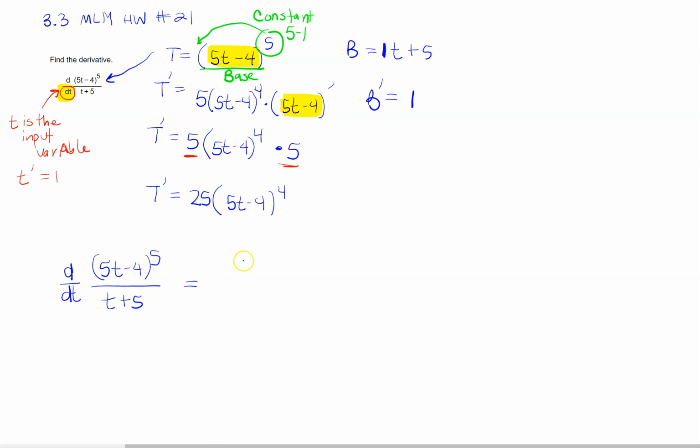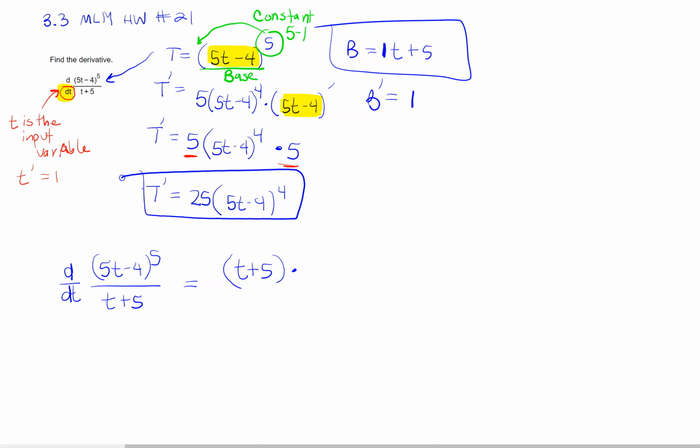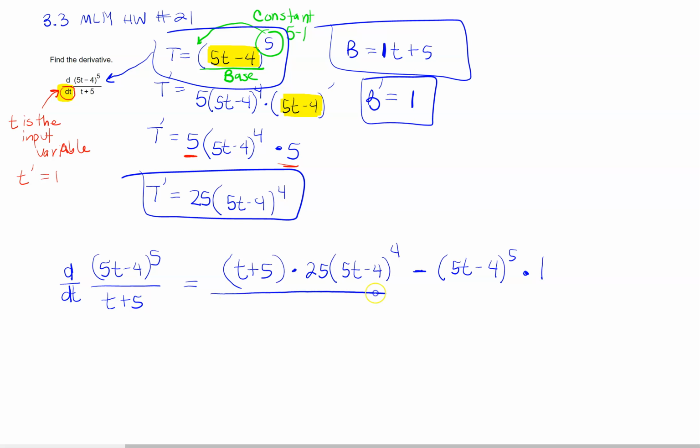And that's equal to the bottom, which was a binomial, so I'm going to put it in parentheses, times the derivative of the top, so that's 25 binomial to the 4th, minus the top, so that was the binomial, to the 5th power, times the derivative of the bottom, which was a 1, all over the bottom, which was the t plus 5 squared. Okay, so that's your raw derivative.